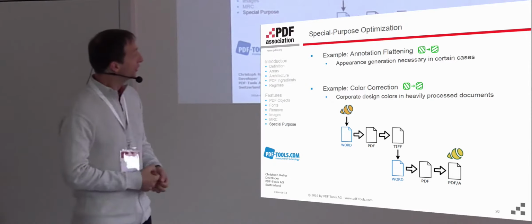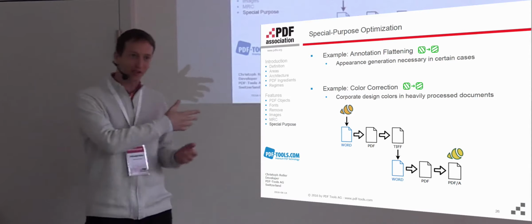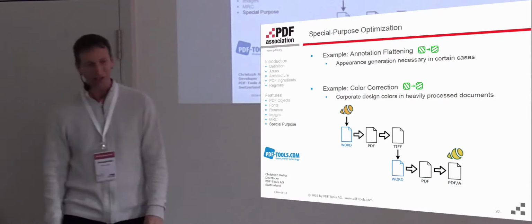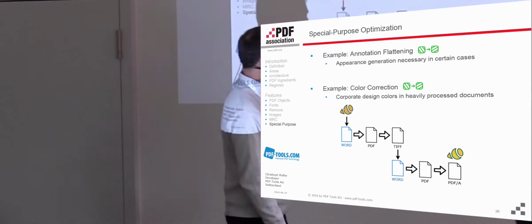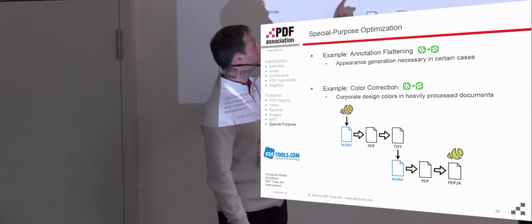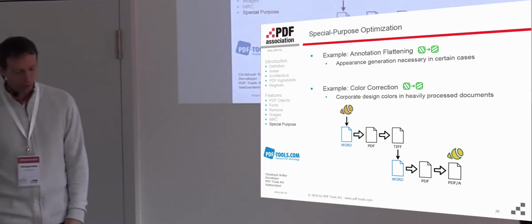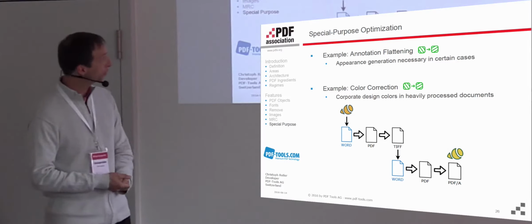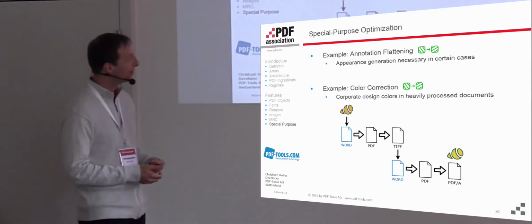And this is not something that I have invented. There are workflows that turn out to be contrived like this. Now, it's not very surprising that in the end, the colors of the logo are not the same as in the beginning. But for corporate designs, it may be important that the colors be preserved for various reasons.